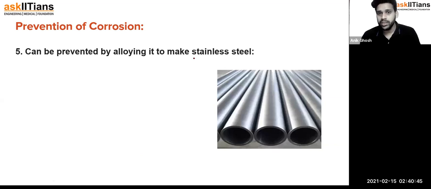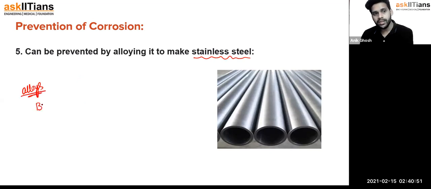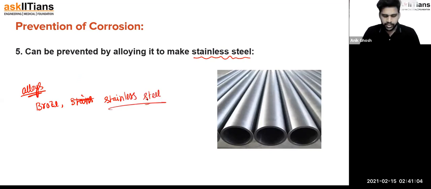Now this is how we can prevent it by making alloys. We have seen there are many alloys like bronze and stainless steel. Stainless steel and all these are alloys of iron, right?